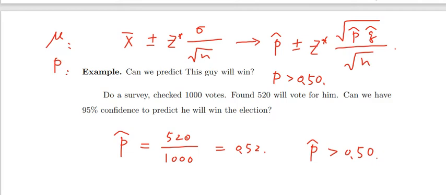To solve such a problem, we want to find a 95% confidence interval for the population's proportion. If the population proportion is larger than 50%, then we can claim this guy will win. Otherwise we cannot predict it.